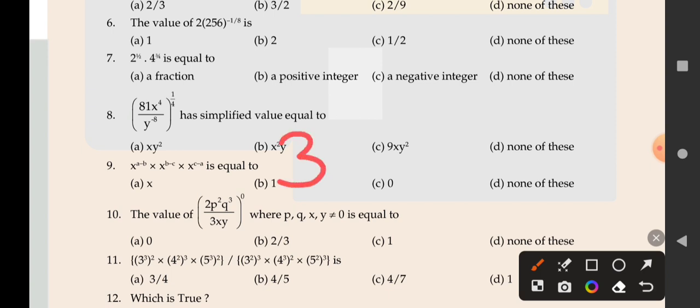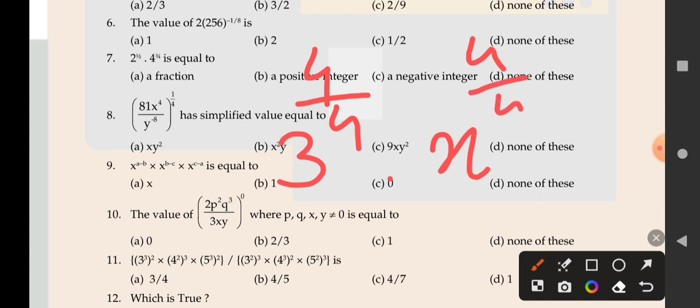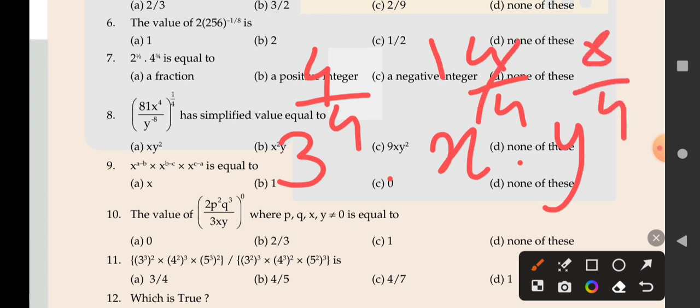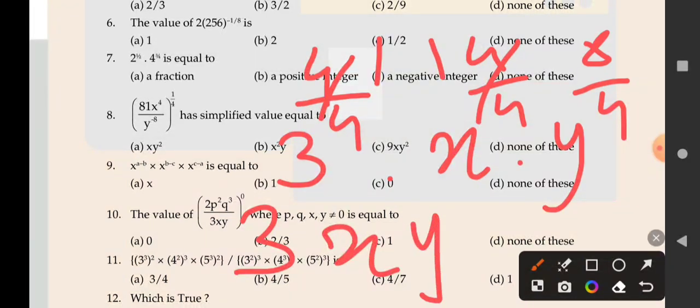So 3 power 4 divided by 4 into x power 4 divided by 4 into y power 8 divided by 4. So this is 1, this is 1. So 3x y square. Do we have any option? Okay, then it is none of these, right?